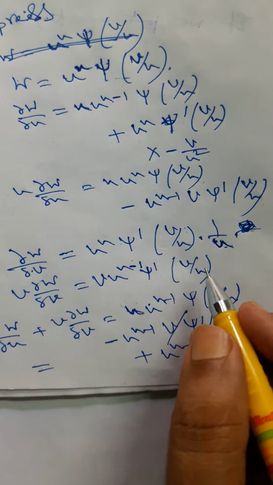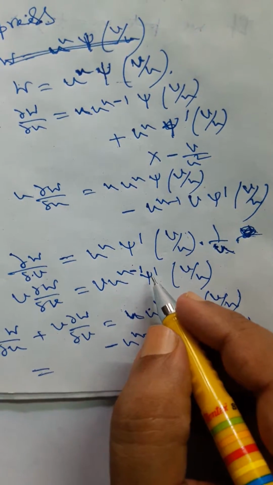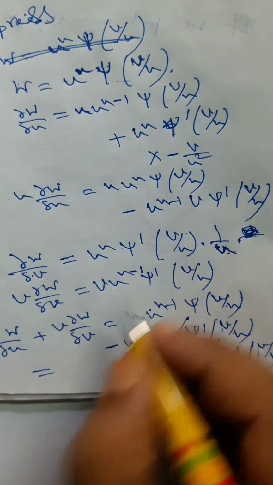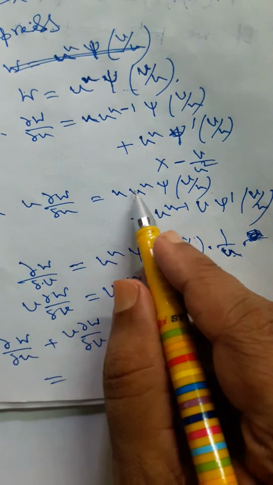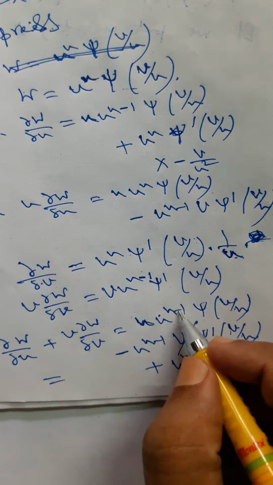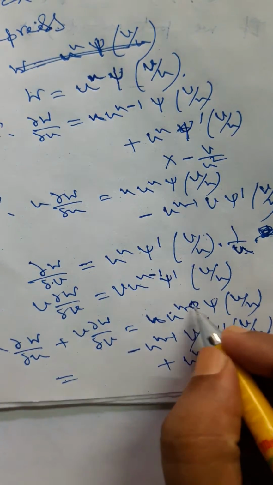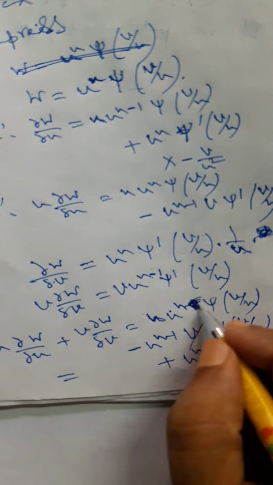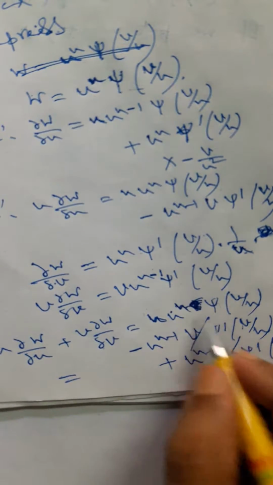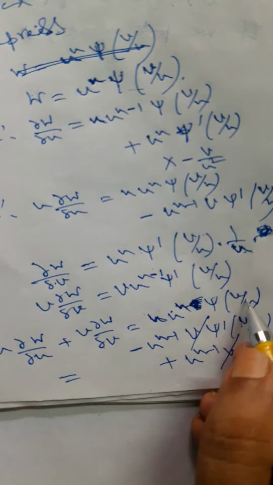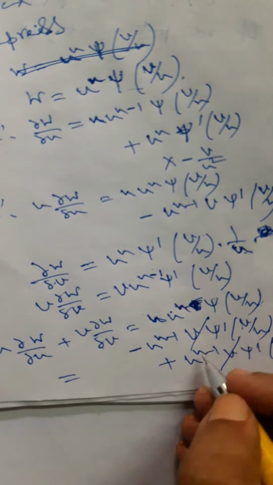Just a mistake here: u del w del u will be n u to the power n psi of v by u, not n minus 1. Here is the correction: n u to the power n psi of v by u, and these two terms cancel.